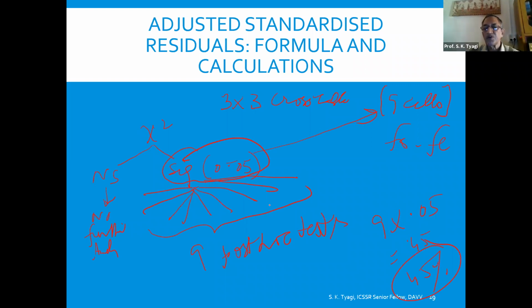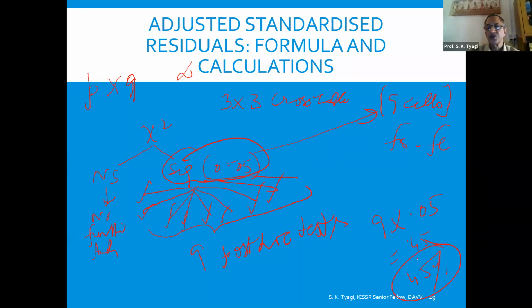So one way out is to control this error and keep it at 5% in each of the tests. There are 2 ways to do this. One is you get the p-value, multiply it by 9, and then compare with alpha.